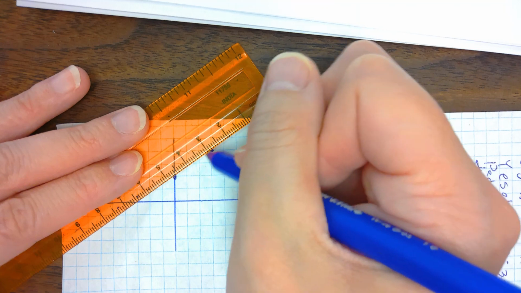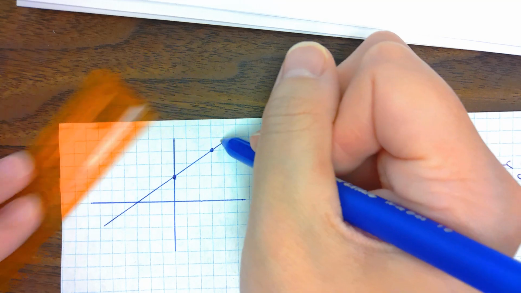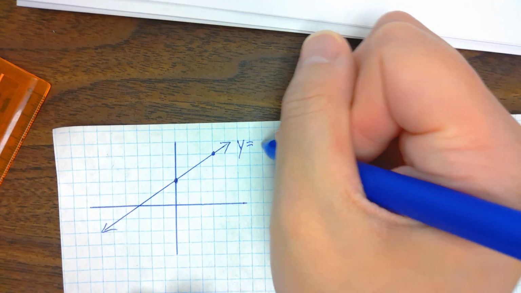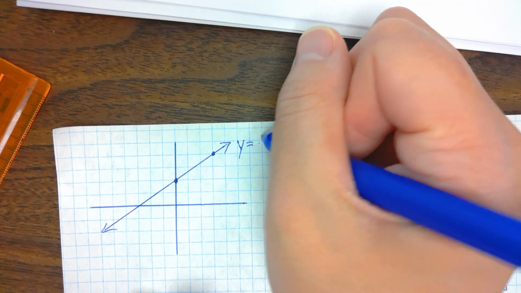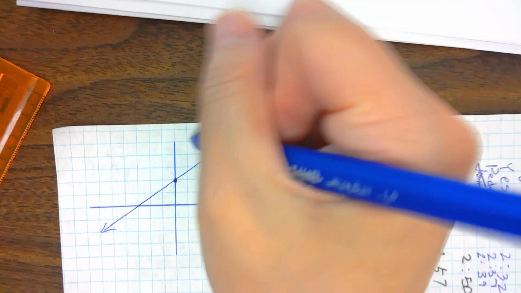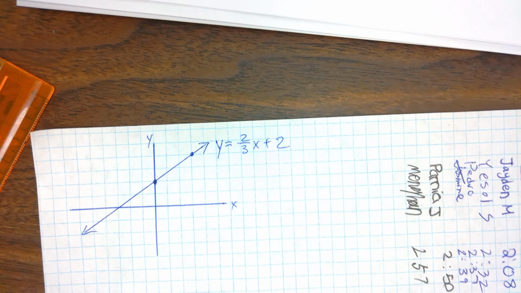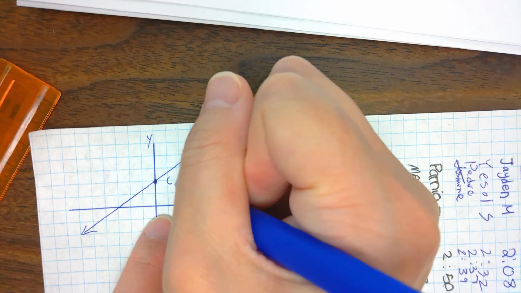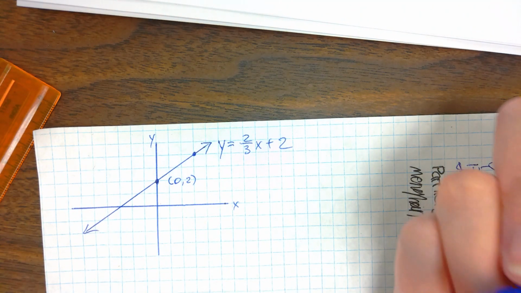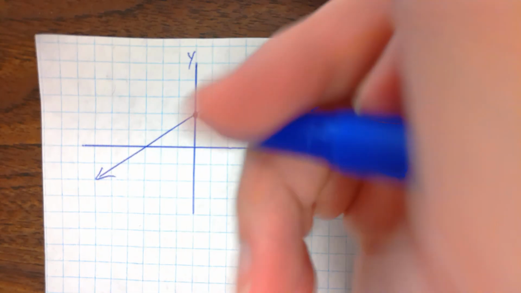Okay, so the equation of this line is y equals 2 over 3x plus 2. Let's say we are to reflect it over the x-axis. So this point at 0, 2, when we reflect it over the x-axis, where will it go? Simon? 0, -2. Good.